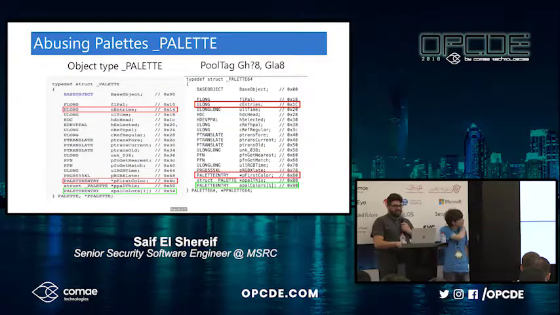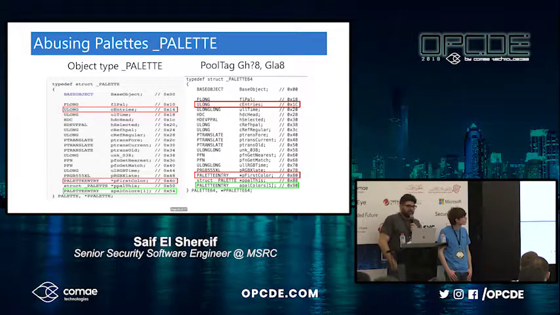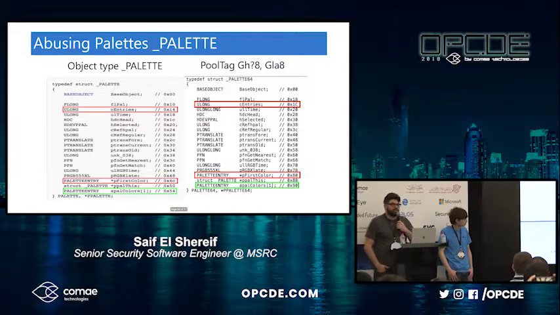So same again, palette objects are allocated in memory. Palettes are the color palettes for anything really. You can allocate it programmatically, and it will have a series of arrays and buffers. Palette entries have a couple of interesting members, actually many more than that, but these are the interesting ones for that specific object abuse technique.